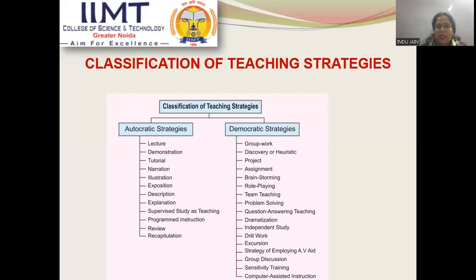All these strategies are democratic in nature. Students can do according to their will.